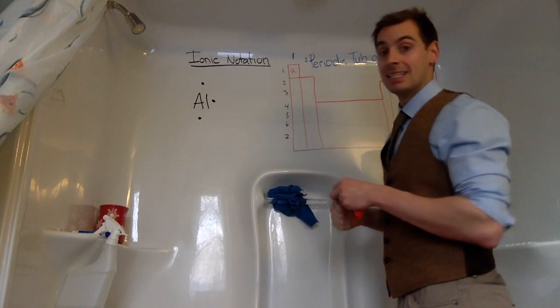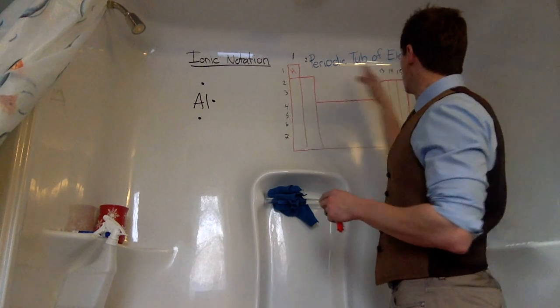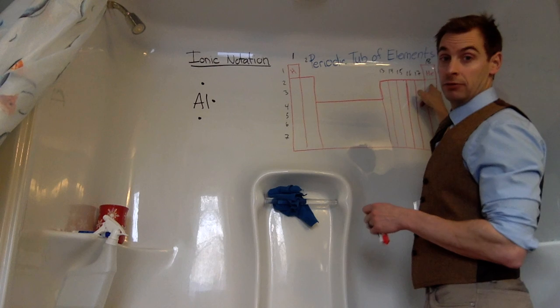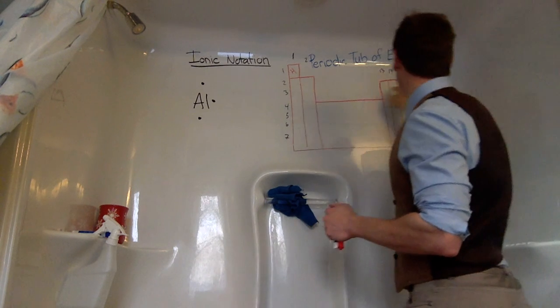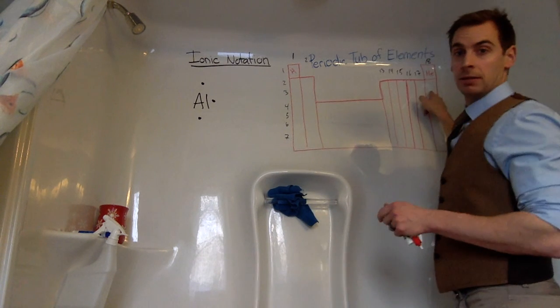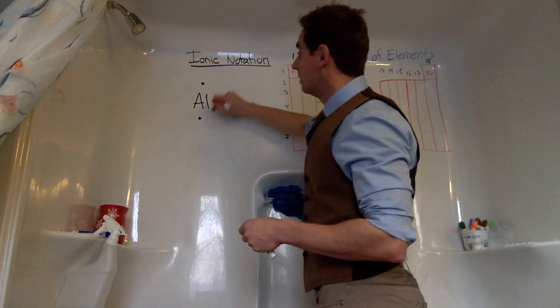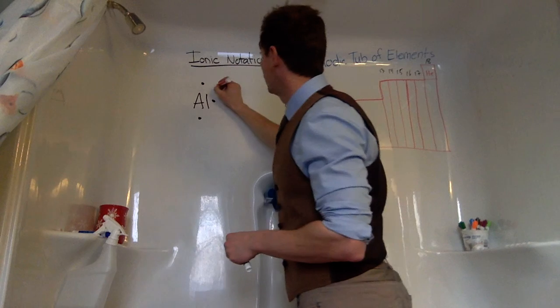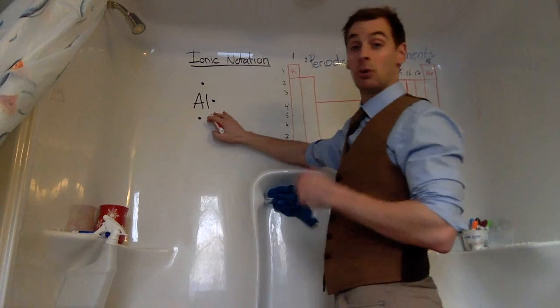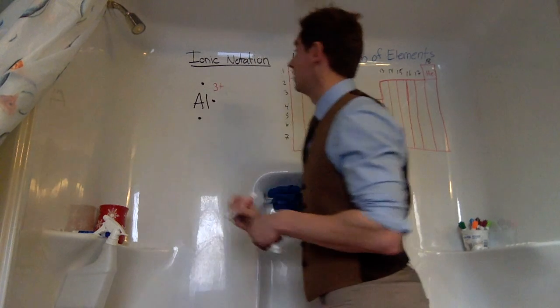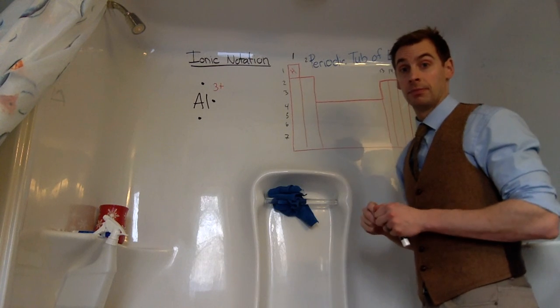Now, it is easier for this aluminum to move backwards to its next closest full valence than trying to gain 5 to hit full 8. So these electrons are going to be taken away, and it's going to end up 3 electrons less, or 3 negative charges less, which will give you a positive 3 charge.